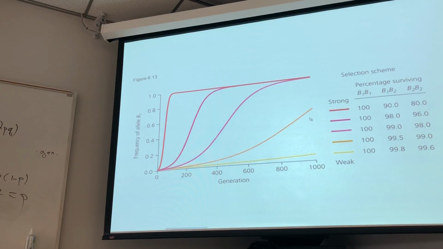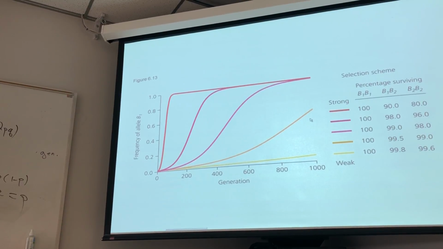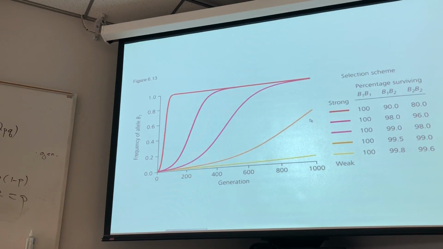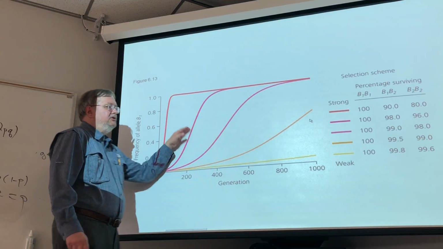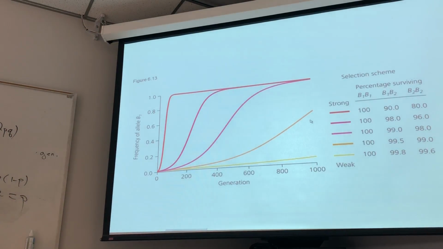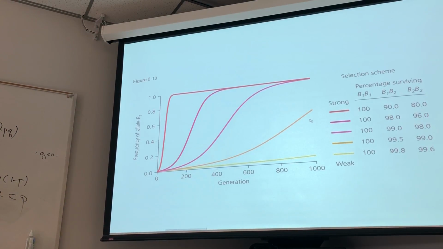But even the weak selection, although that has gotten nowhere near fixation, it's probably there about 5%, still an increase from an extremely low percentage to 5% is a significant modification. So all of these are changing the allele frequency, but the stronger the selection, the more rapidly the allele increases in the population, its frequency.